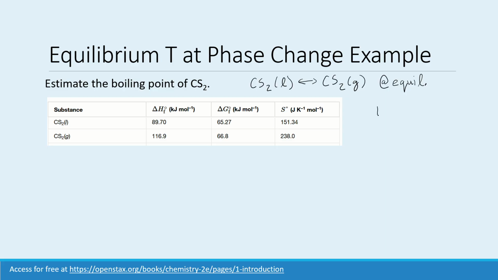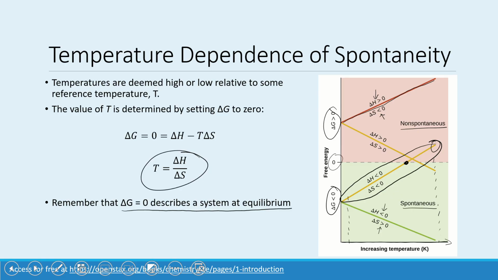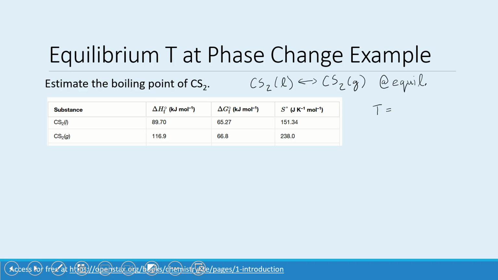So if we want to estimate the boiling point, we are trying to estimate that temperature at equilibrium. And so we get back to that equation. Remember, temperature is equal to the change in enthalpy over the change in entropy.